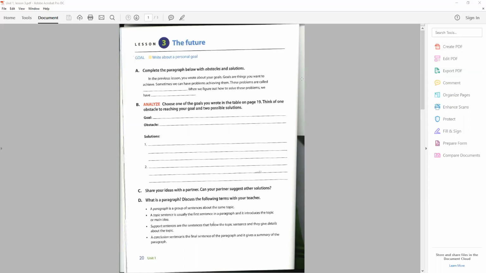It says, in the previous lesson, you wrote about your goals. Goals are things you want to achieve. Sometimes we have problems achieving them. These problems are called, okay, what are the problems called when it makes it hard for us to achieve our goals? Those are called obstacles.